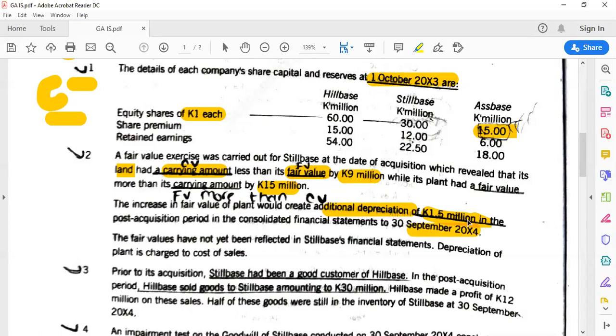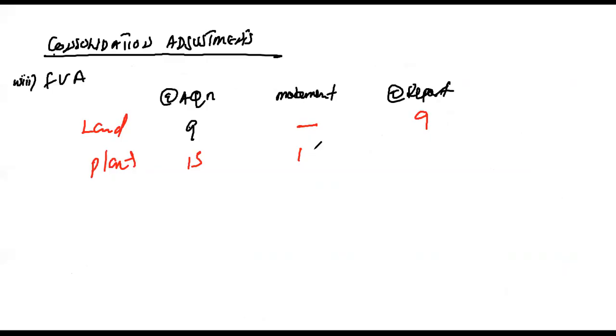The depreciation is 1.5. Land does not depreciate. So here we have 13.5. Total here we have about 24. So the fair value adjustment in total increased by 24, that was the total.